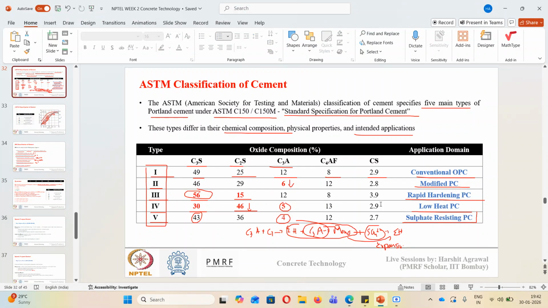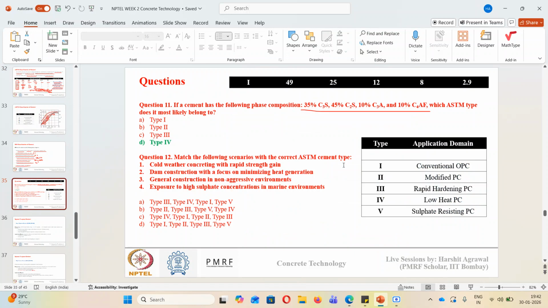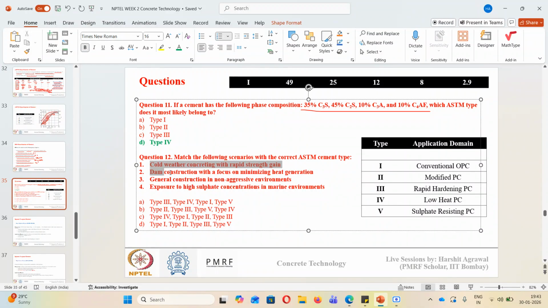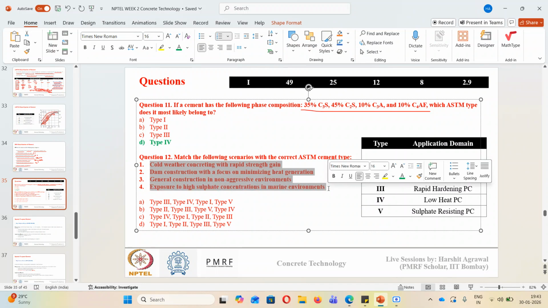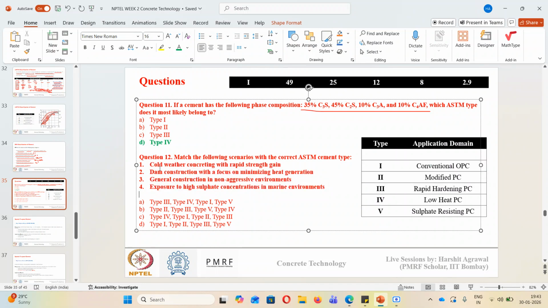Okay. Now, in question number 12, you have been given five types of cement and five applications of cement. Okay, what each type is used for. So can anyone tell me for each of these options which ASTM type cement I should use? For cold weather concreting, where rapid strength gain is required, which cement type should I use?